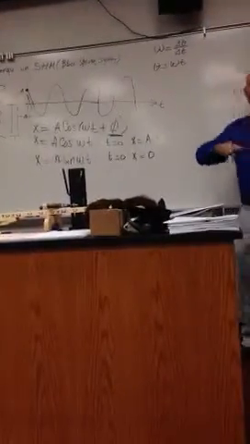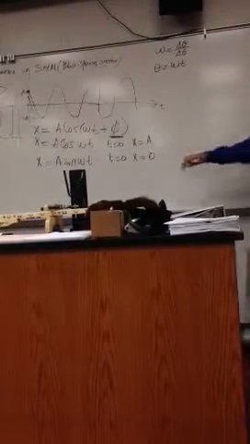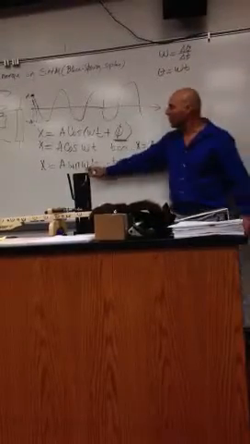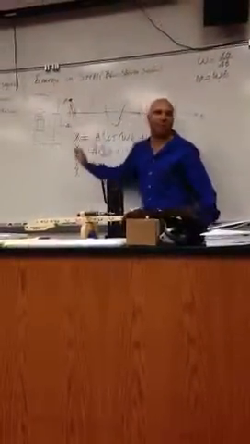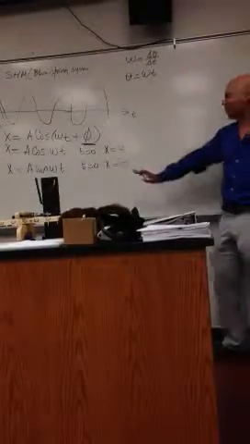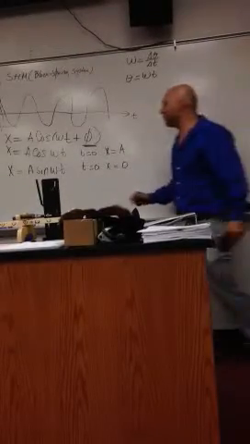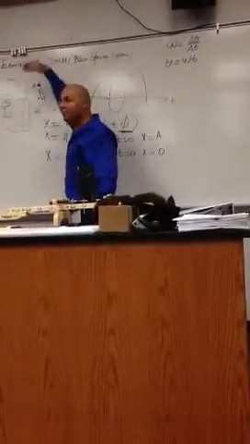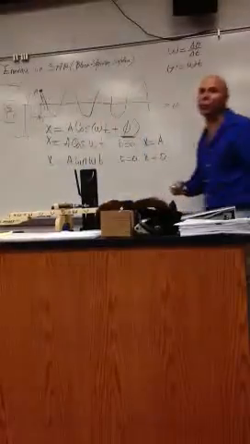So if you start recording the motion at the point of equilibrium, again, no phase constant, but it will be different with respect to this graph by 90 degrees. And the difference between sine and cosine is 90 degrees. But if we start recording from A, maximum amplitude, it will be a cosinusoidal function.